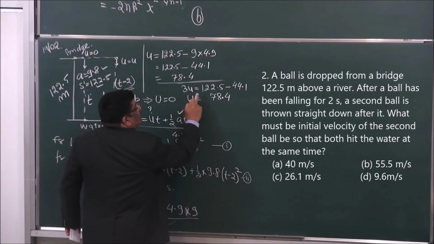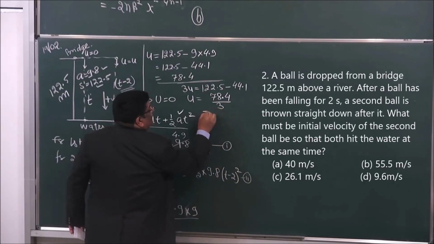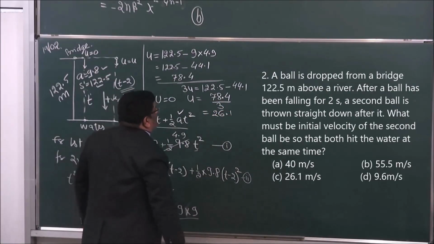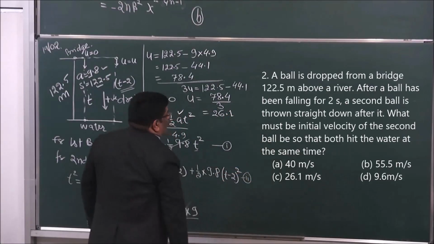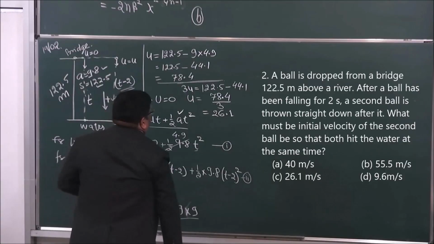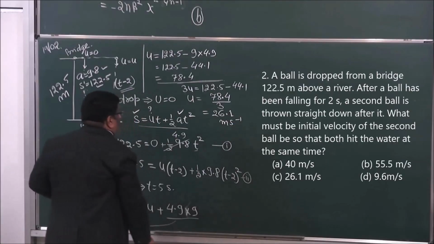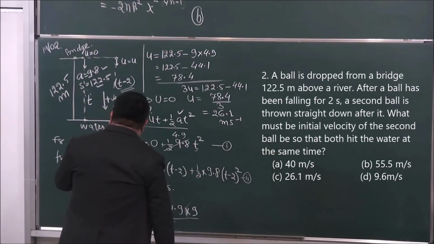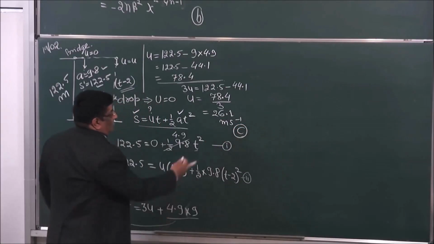So u is equal to 78.4 upon 3. 3 2s are 6, so 26.1. See, out of the options there is an option for 26.1. What is this? Velocity. So this is meter per second. So we have the right option, 26.1, that is option number C. This is the right option here.